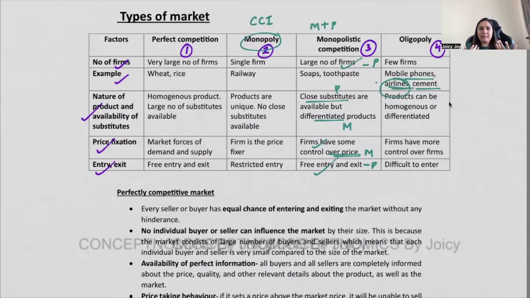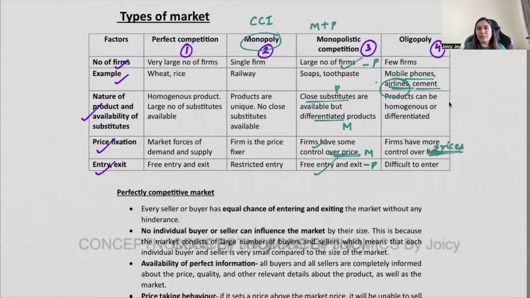And there would be, for example, some luxurious aircraft. So even though they provide the same homogeneous service, that is connectivity, within that there would be some differentiation in the features. Which makes them an oligopoly. And firms have more control over prices.